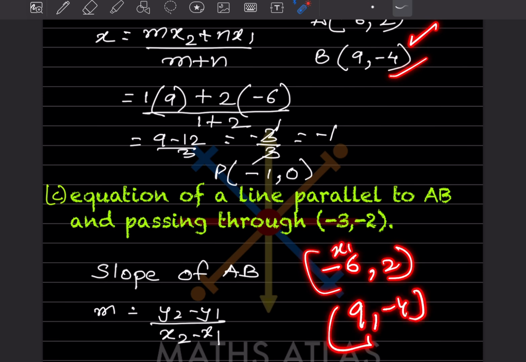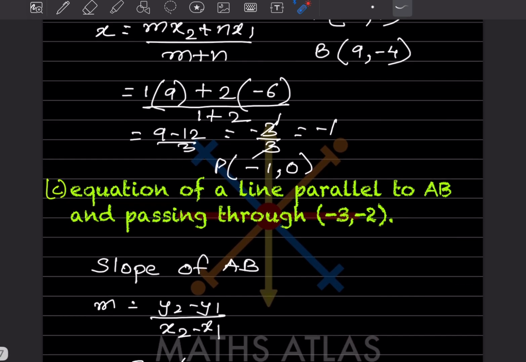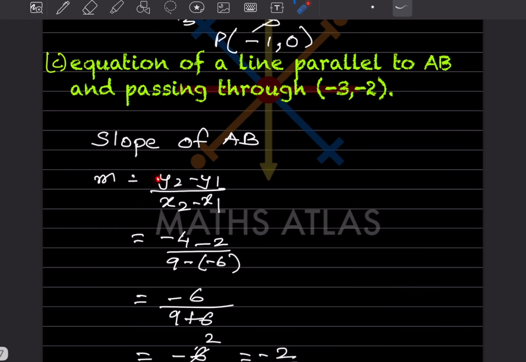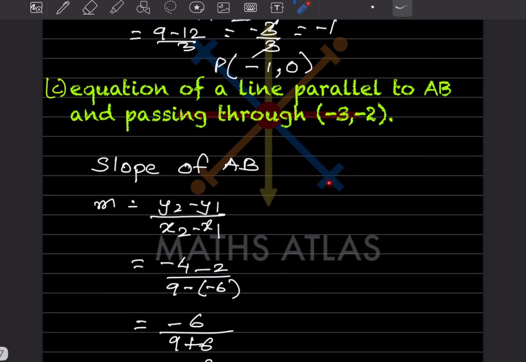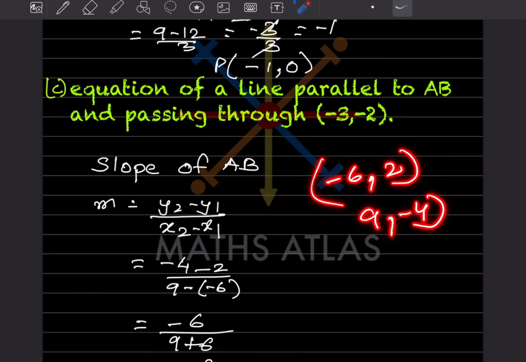So we know this is x1, y1, and this is x2, y2. So just plug in those values: minus 4 minus 2 divided by 9 minus minus 6. I'll write the points again: (minus 6, 2), (9, minus 4). So this is x1, y1, this is x2, y2.